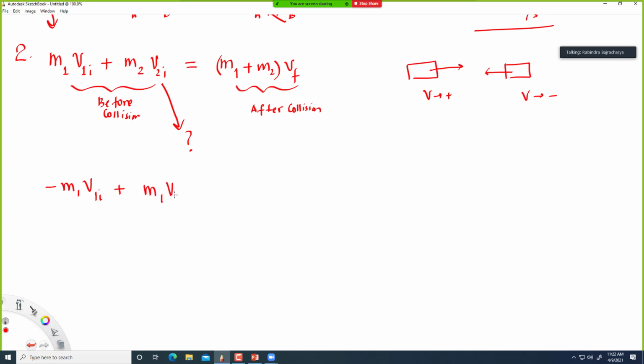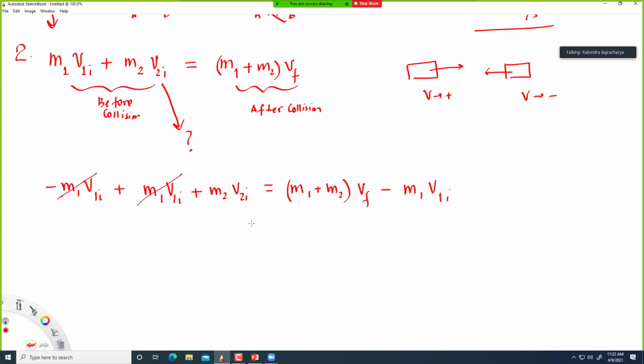M1 V1I plus M2 V2I equals M1 plus M2 VF. Subtract M1 V1I, just subtracting the same term on left and right, and then you can cancel this one and this one.